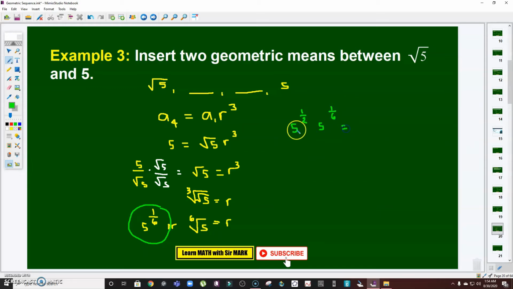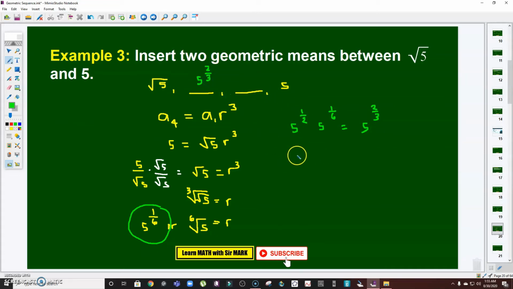Same base, so copy the base. Pag multiplication, add the exponents. So 1 half plus 1 over 6 is 4 over 6, or 2 thirds. So 5 raised to 2 thirds ang ating second term.